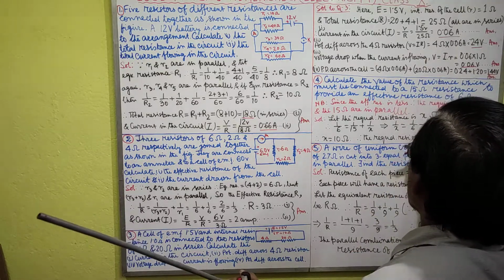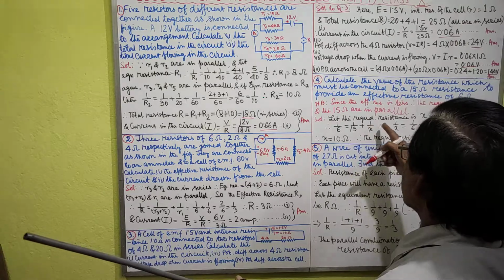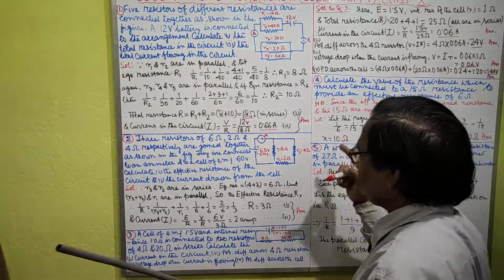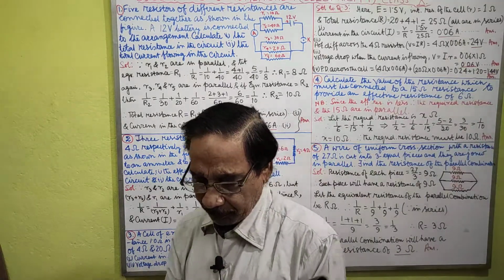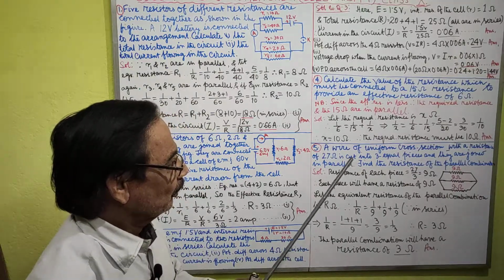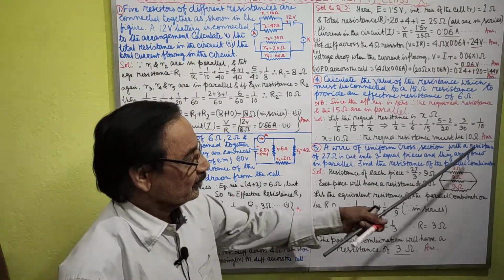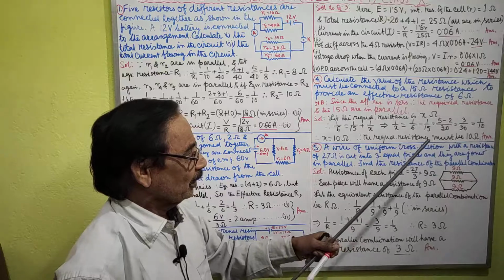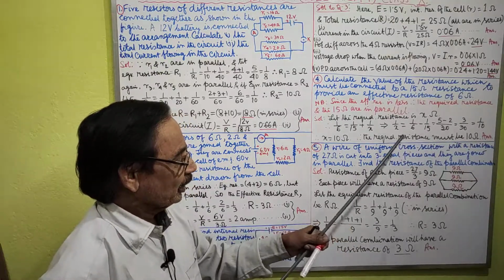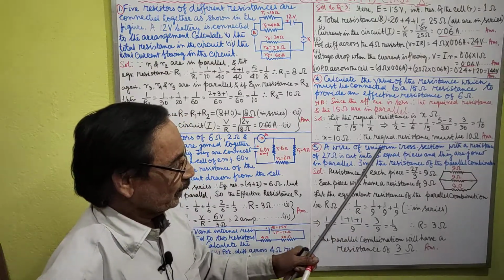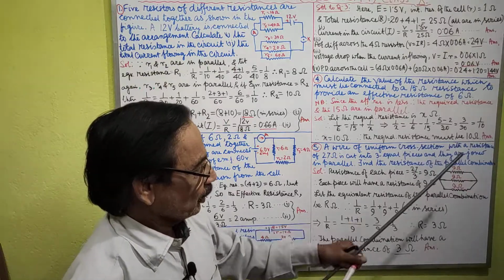Let the required resistance be x ohms. Since the resistances are in parallel, 1 by 6 equal to 1 by 15 plus 1 by x. So 1 by x equal to 1 by 10. Therefore, x equal to 10 ohms. The required resistance must be 10 ohms.